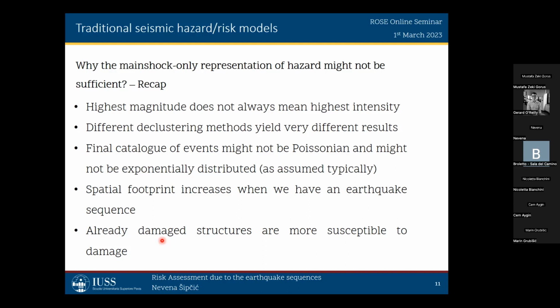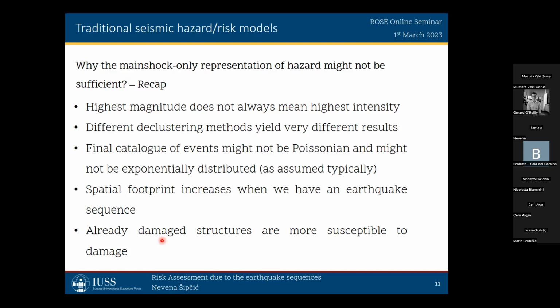Because the final catalog of events might not be Poissonian and also might not be exponentially distributed, and this is what we typically assume. Because the spatial footprint increases when we have an earthquake sequence compared to the main shock only case, and also because already damaged structures are more susceptible to additional damage.